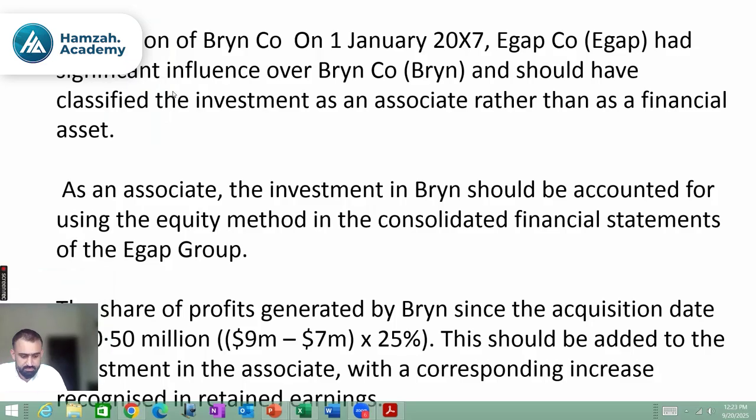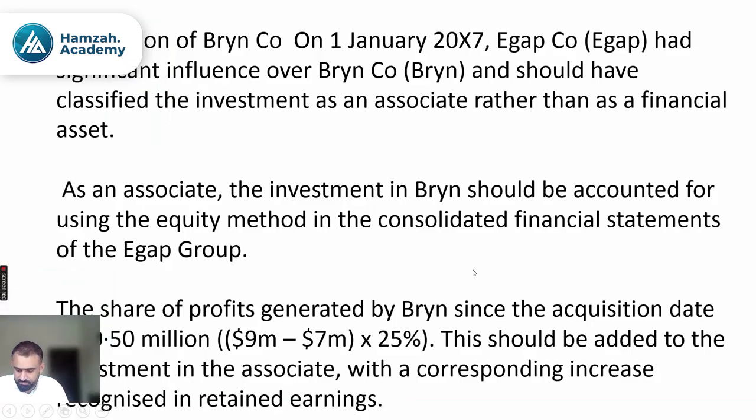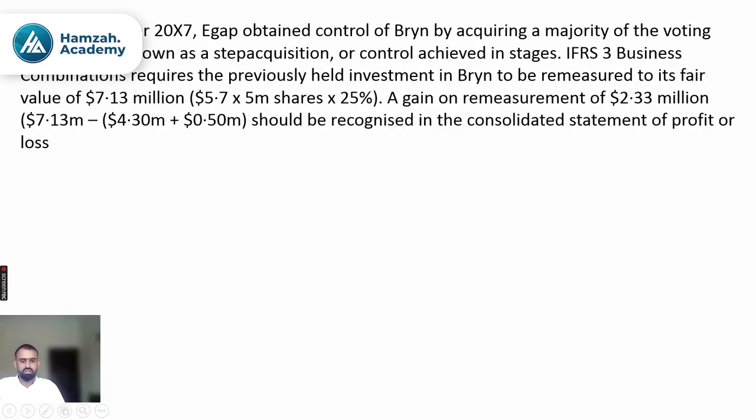Further, they acquired the B company on 1st January, meaning 25% shareholding, for 4.3 million. 0.5 million is their share of profit which they will record.